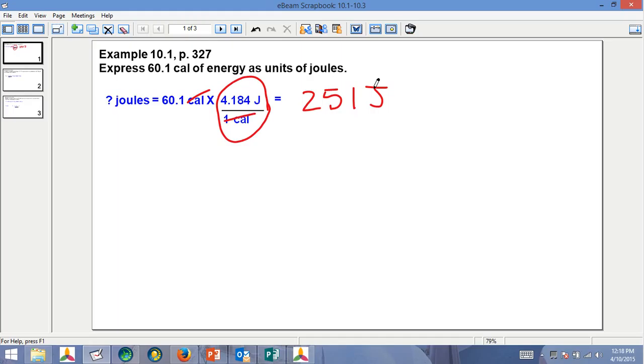Specific heat capacity on page 329 is the amount of energy needed to raise the temperature of 1 gram of a substance by 1 degree Celsius. So a calorie is basically the specific heat of water. Those two terms have very similar definitions. If it says water, it's a calorie. If it says a substance, then you're talking specific heat.